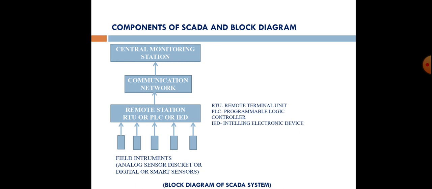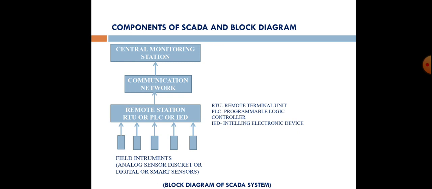Field instruments connected for the monitoring and control of the plant or equipment are interfaced with remote station so that manipulation in the system can be made. It is used to obtain data from the equipment and to send it to the SCADA system.